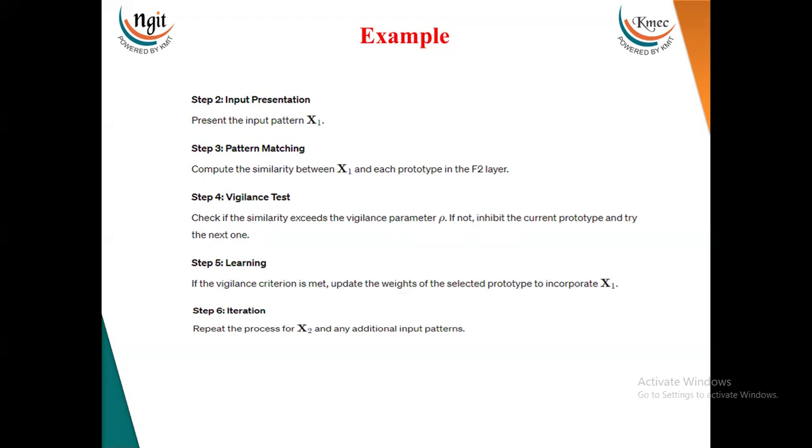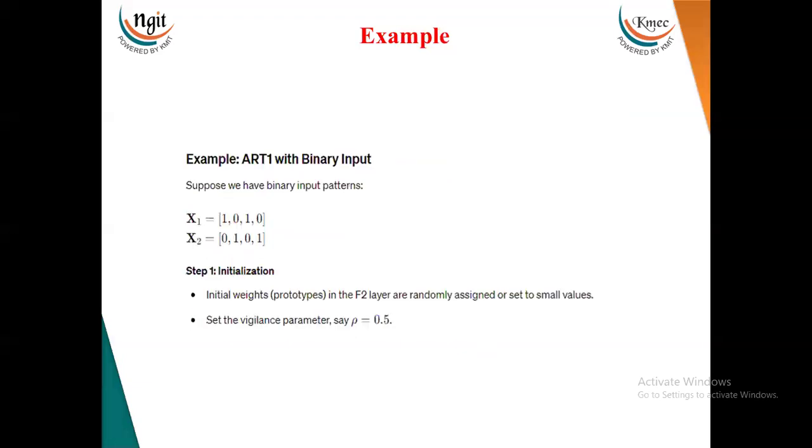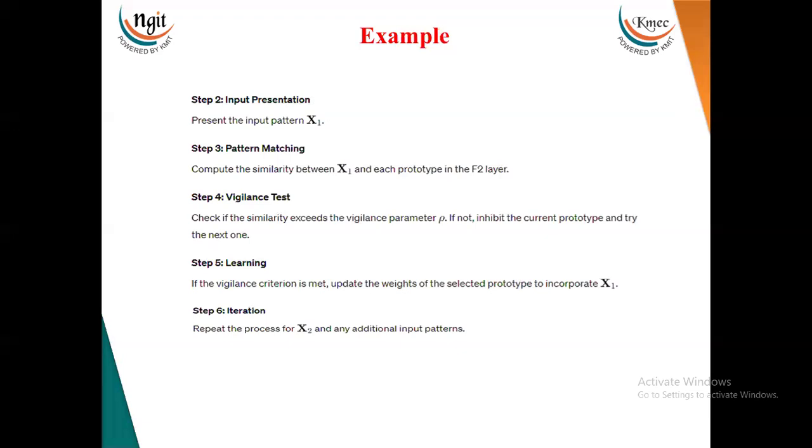Check whether the similarity exceeds the vigilance parameter. If not, try the next one. If the vigilance criterion is met, update the weights of the selected prototype and incorporate x1. Repeat the process for x2 and additional input patterns.